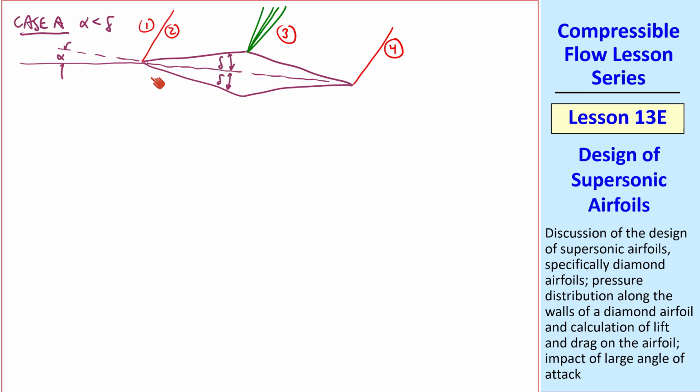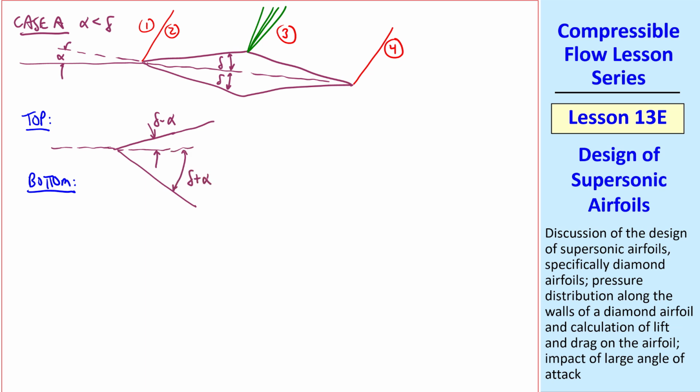On the lower side of the airfoil, you can see that the change of wall angle is bigger. At the top of the airfoil, this change of wall angle is delta minus alpha. But at the bottom, and I'm exaggerating delta for illustration, this sudden change in angle is delta plus alpha. So there will be a stronger oblique shock from 1 to this region, which we'll call 5 here.